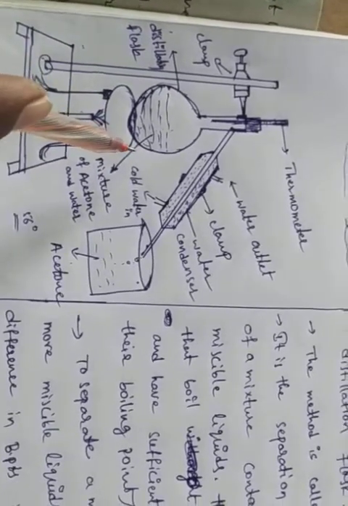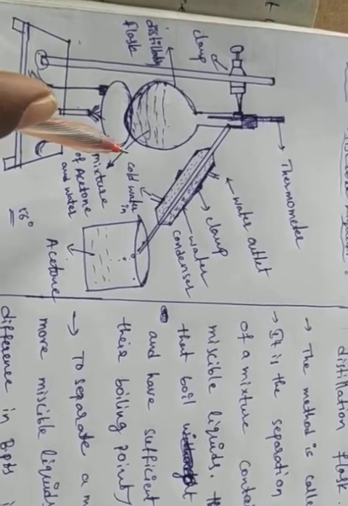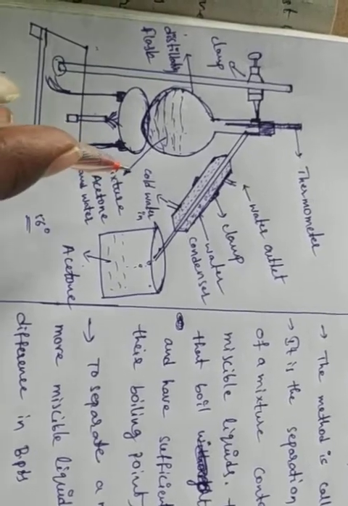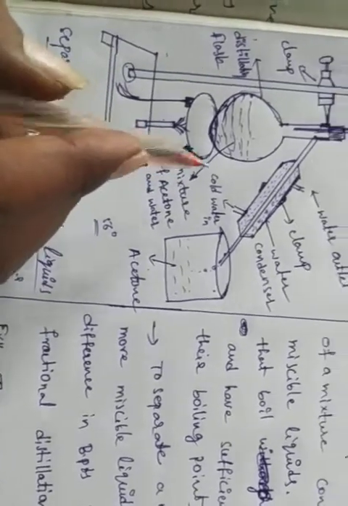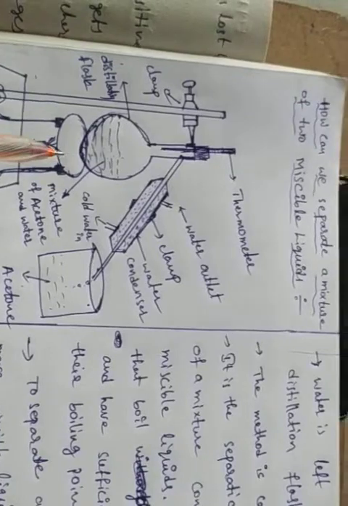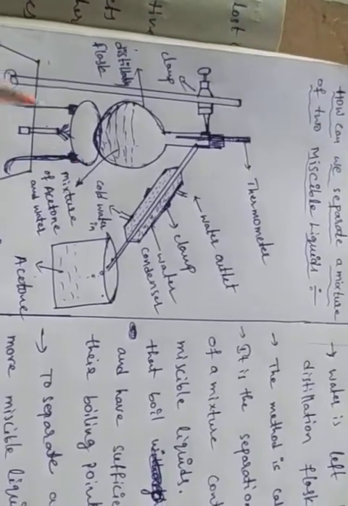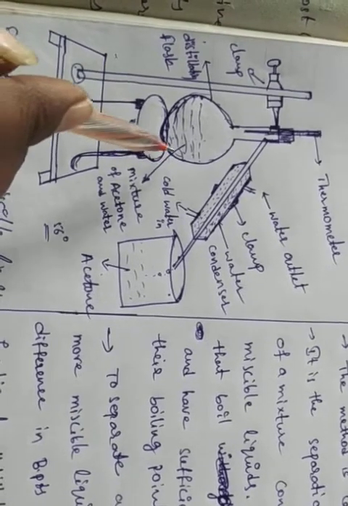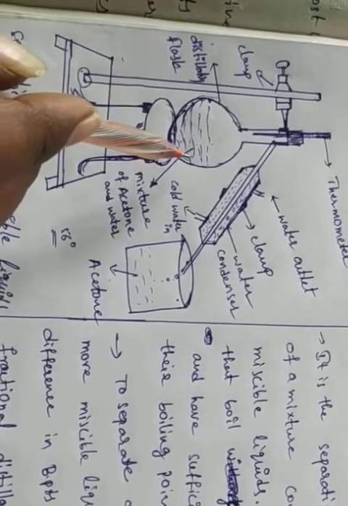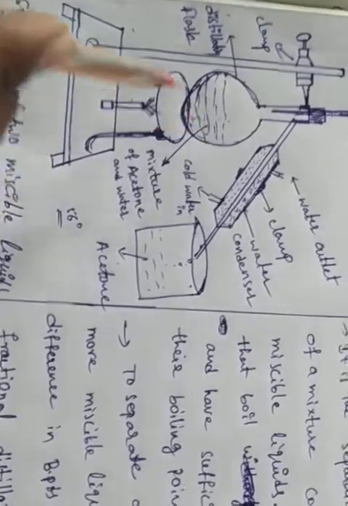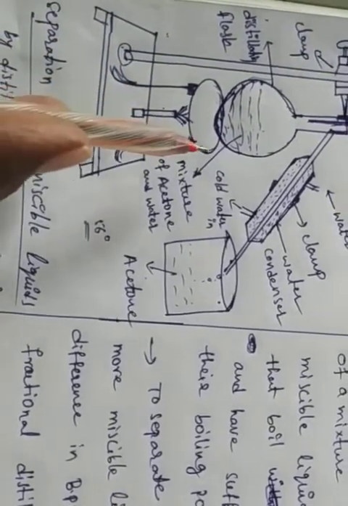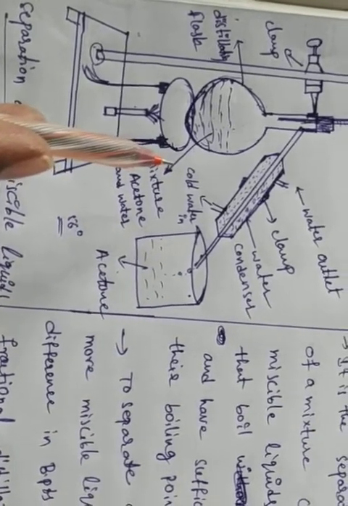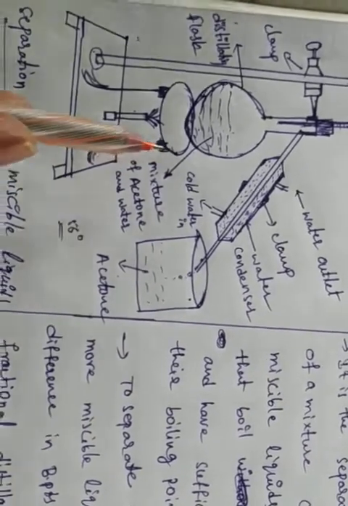If the boiling point difference between the two miscible liquids is less than 25 Kelvin, we have to use fractional distillation. If a sufficient difference in boiling points is there, we use simple distillation. Fractional distillation is used when the boiling point difference is less than 25 Kelvin.